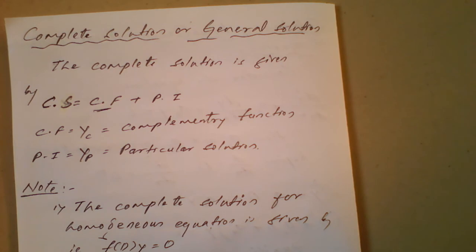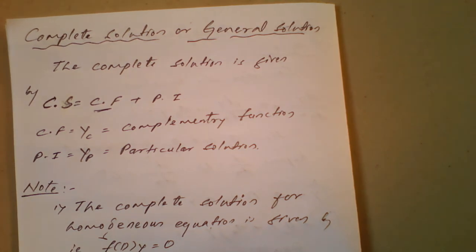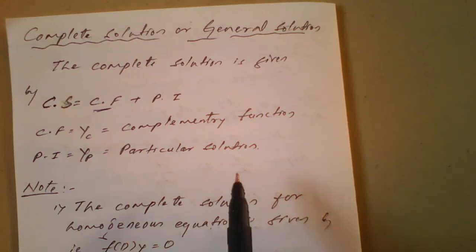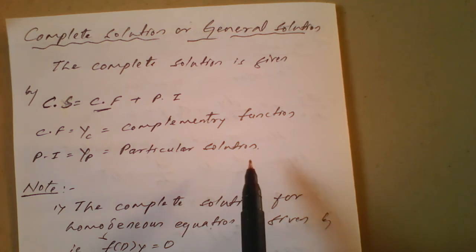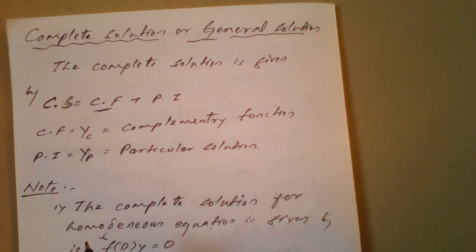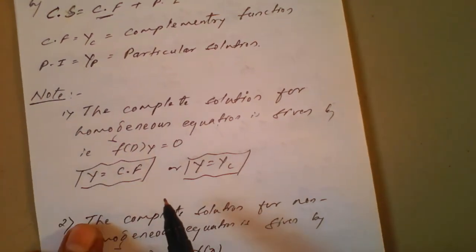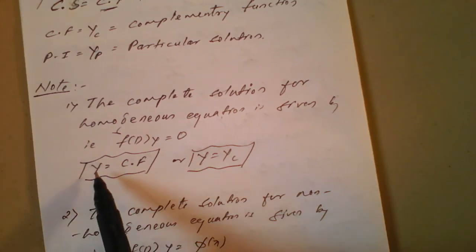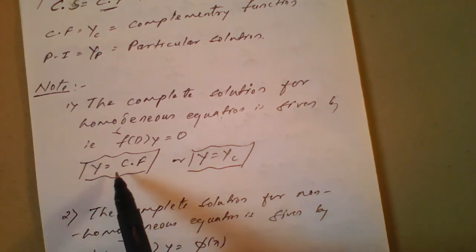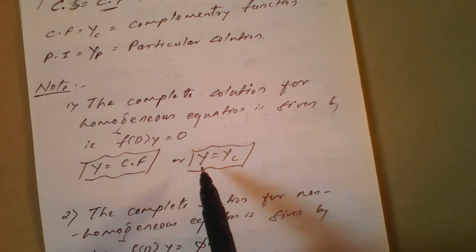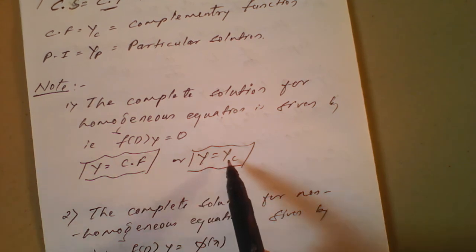One note: we have two kinds of differential equations, homogeneous and non-homogeneous. The complete solution for the homogeneous equation f of D of y = 0, because here phi of x is 0, is denoted by y = CF, or y = yc.